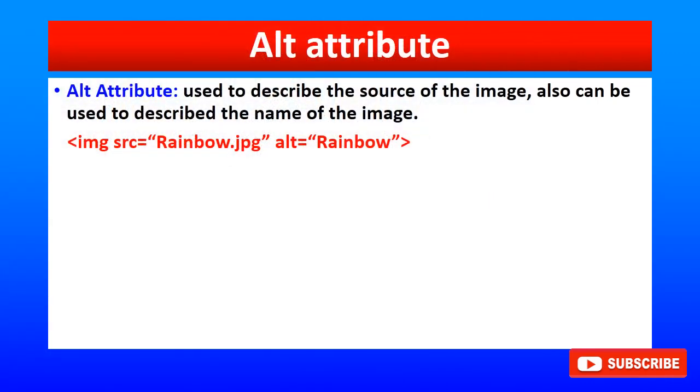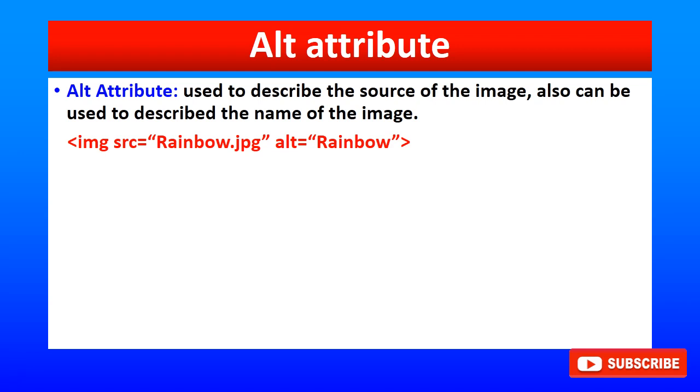Now we will learn different attributes which could be used along with the img tag. The first one is alt. Now how to use this attribute is given here. Now what is the use of this attribute? Now sometimes the network connection is slow, the network speed is slow, and we are not able to see the image, that is the image takes too much long time to download.